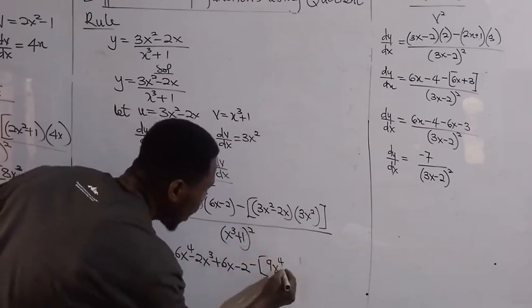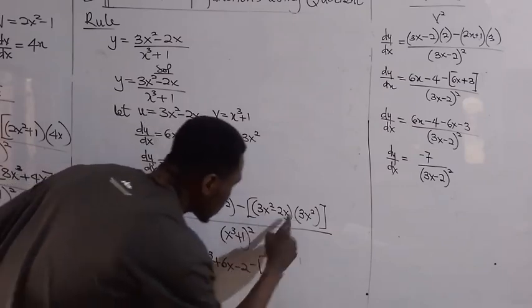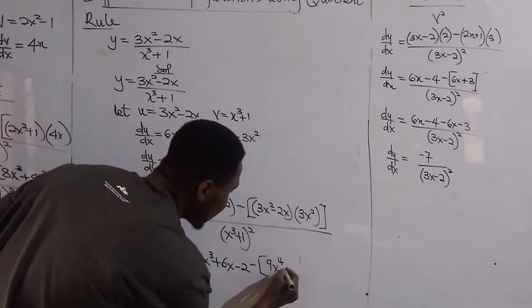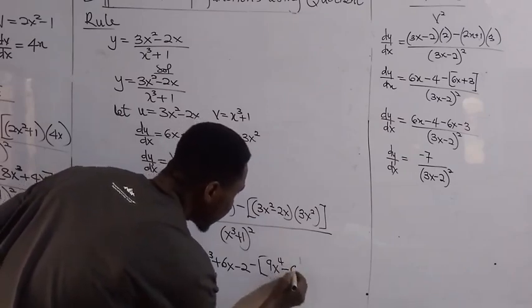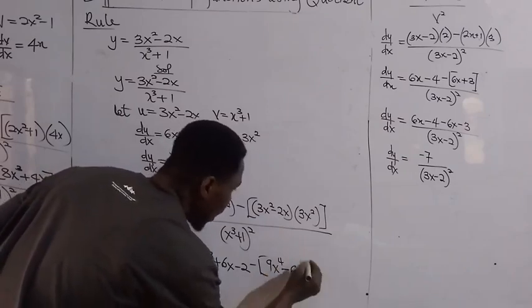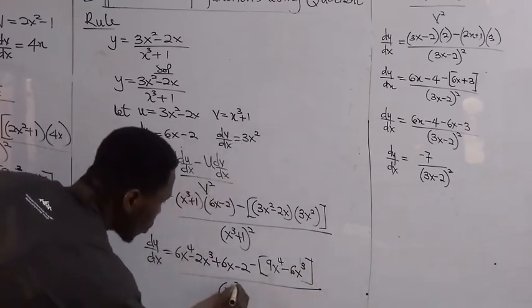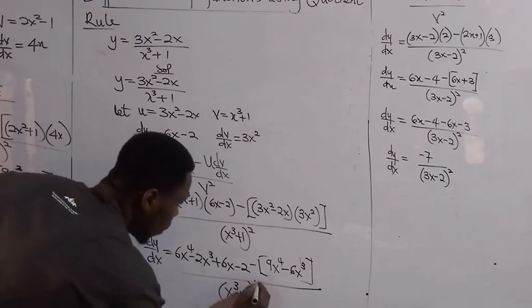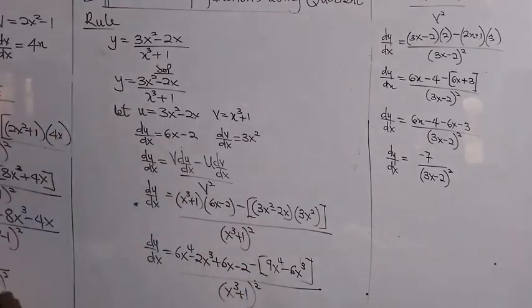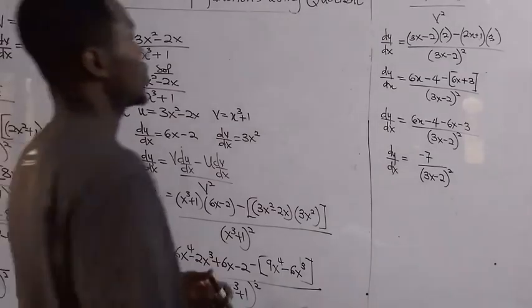Then this and this will give us negative 6x to the third power. Bracket close all over x cubed plus 1 all squared. I believe you are following. Let's move forward.